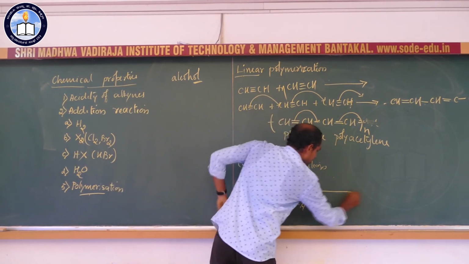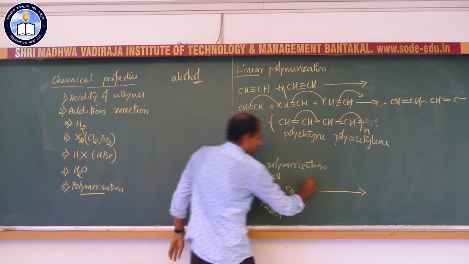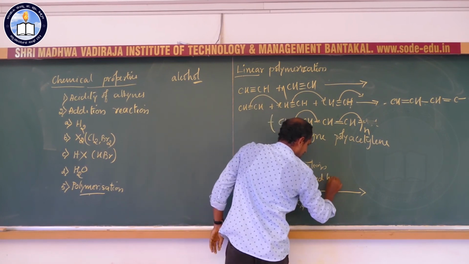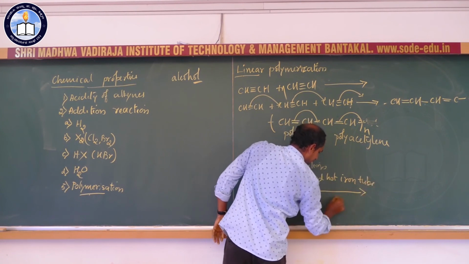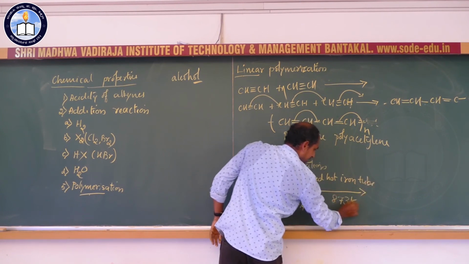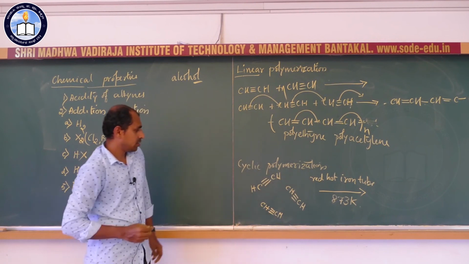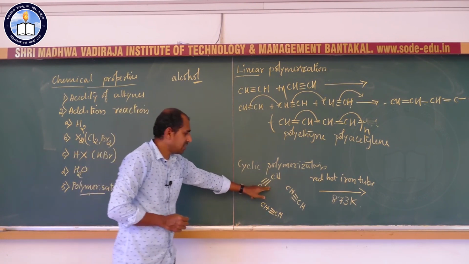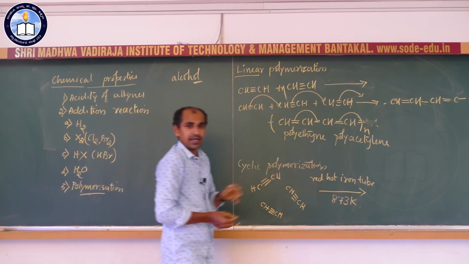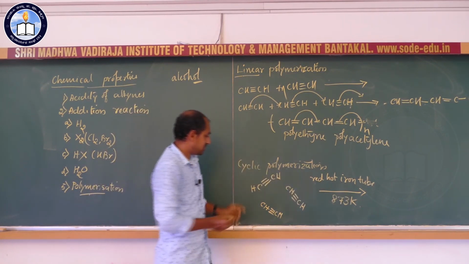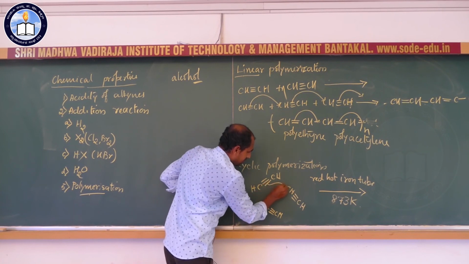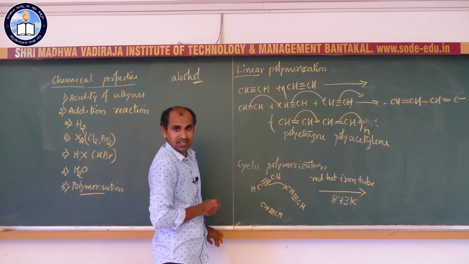If you pass ethyne gas over a red hot iron tube at 873 Kelvin temperature, then it undergoes cyclic polymerization.